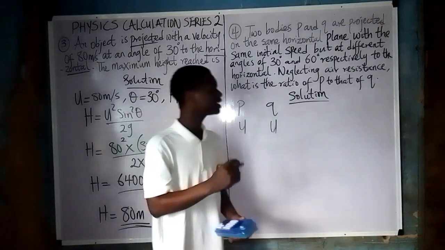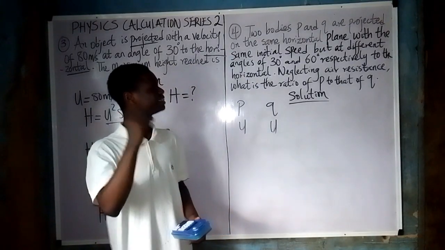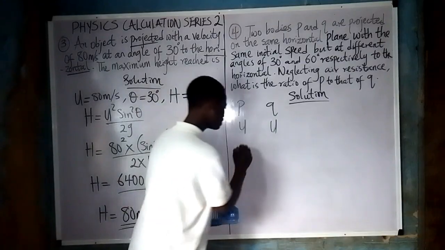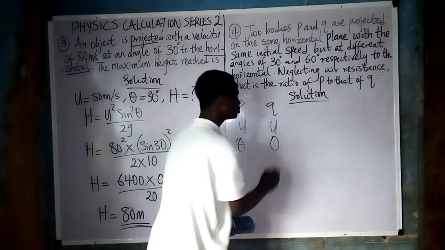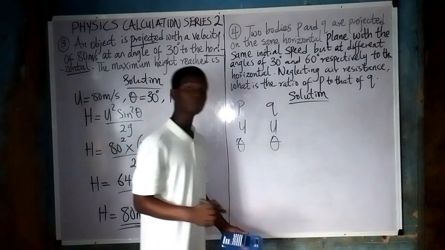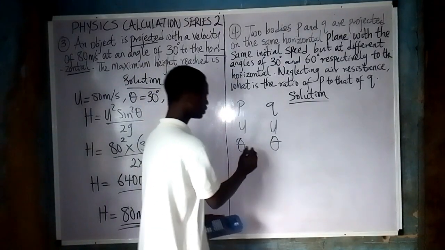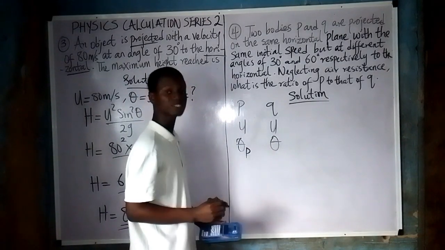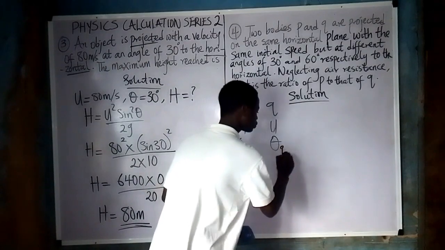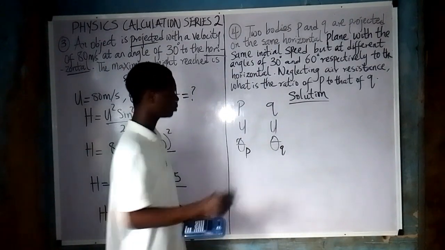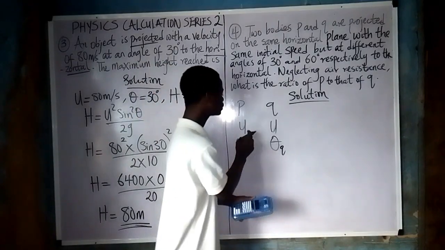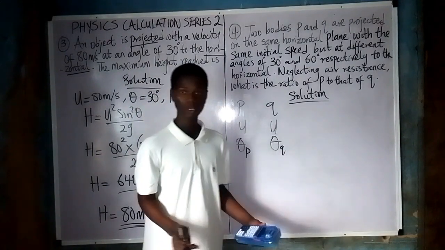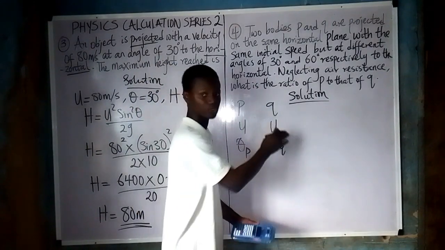They now said, but at different angles. That is, theta for P is different from theta for Q. So to show that these two thetas are different, I will add theta subscript P, theta subscript Q. They are different. But the U's are the same, so there is no need for me to add subscript P and subscript Q, because the U of this is the same as the U of this.